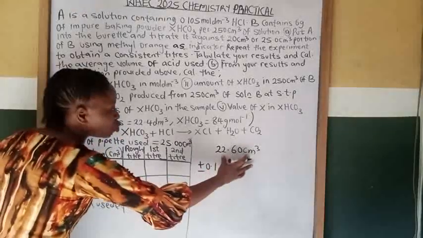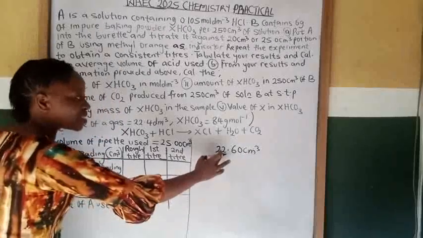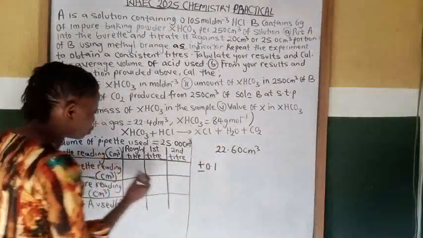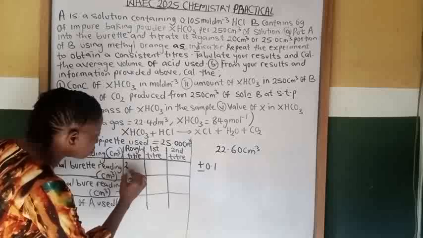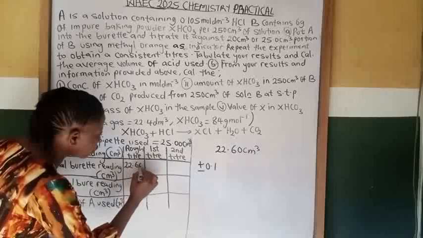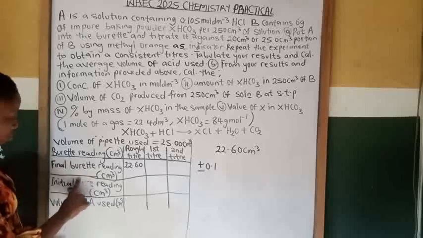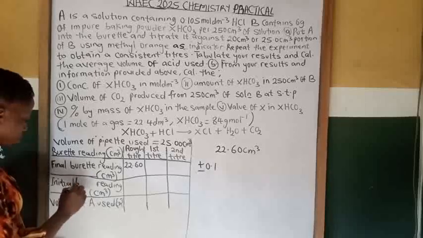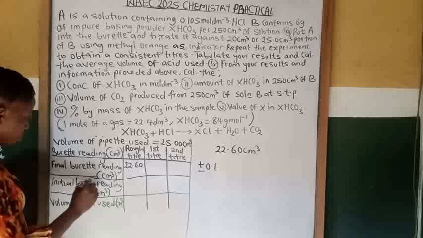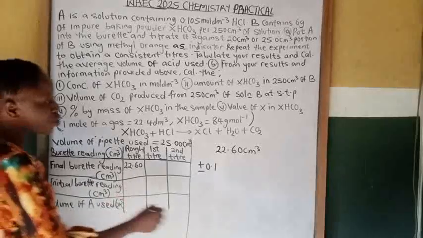Now, let me start with my teacher's titer value. My teacher's titer value is 22.60. Then what will be my initial burette reading?